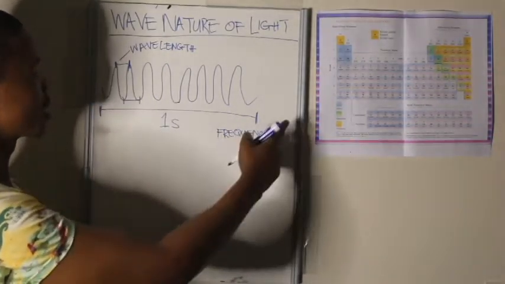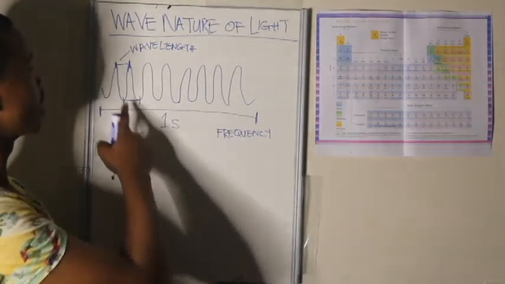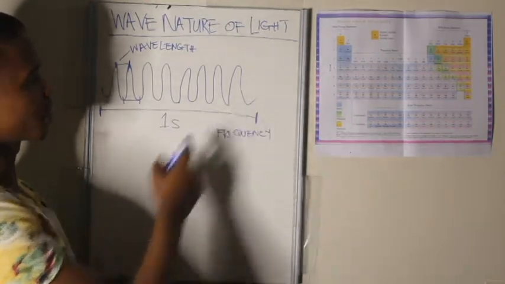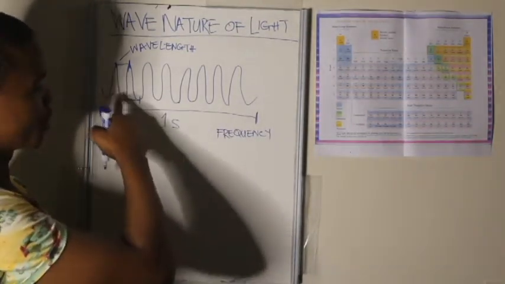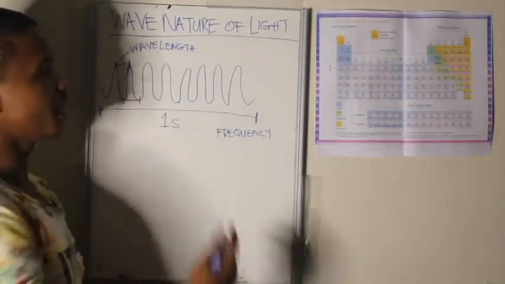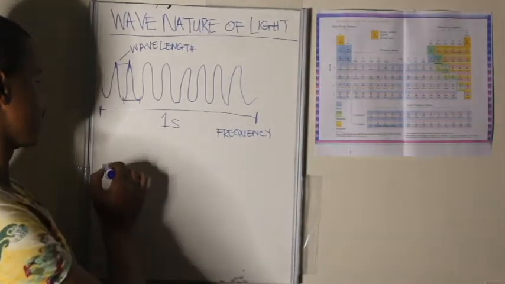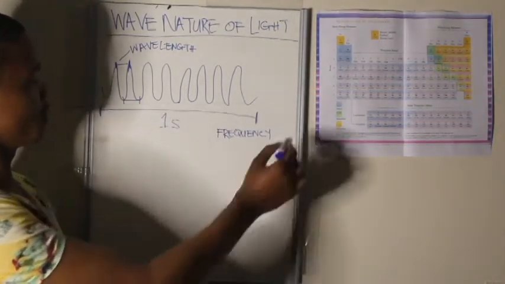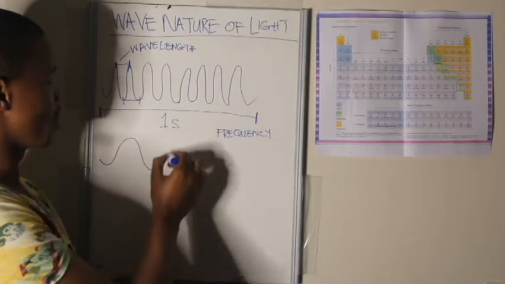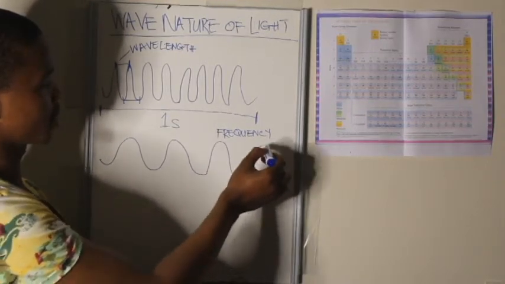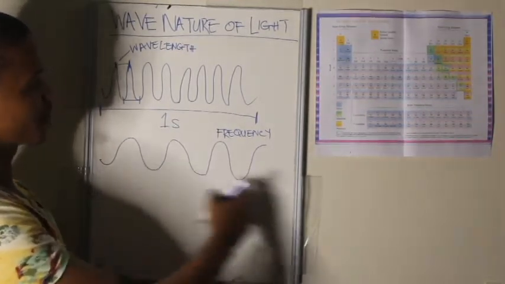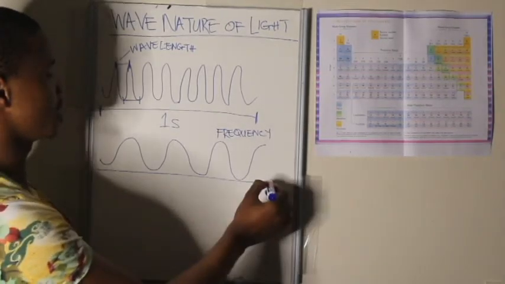Now if this is 1 second and you have so many waves, you can say the frequency here is very high. But if in the same 1 second you have waves like this, you can say here the frequency is low.